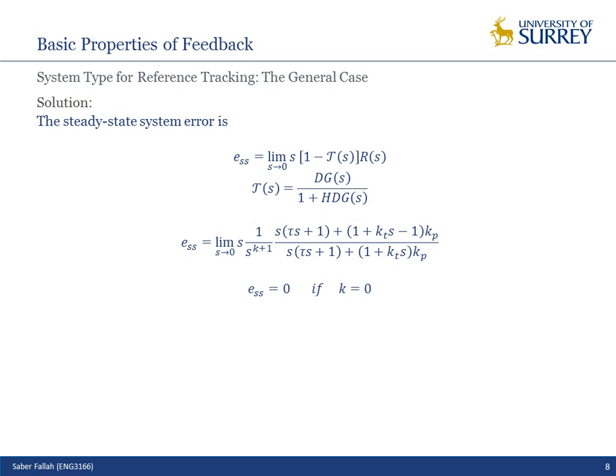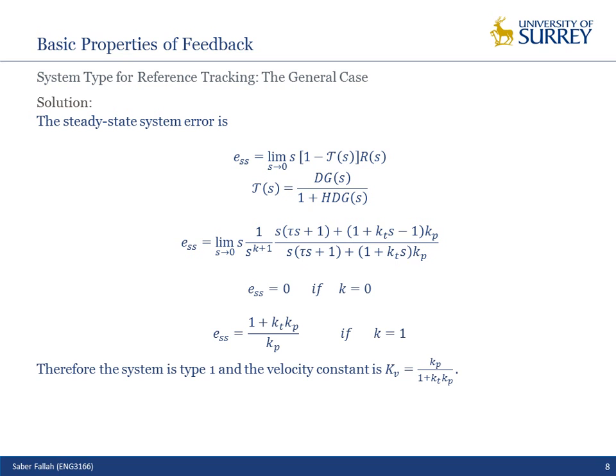Okay, if k is equal to 1, or bigger than 0, I will have 1 over s here. This will be cancelled out, this will be 0. Let me see.